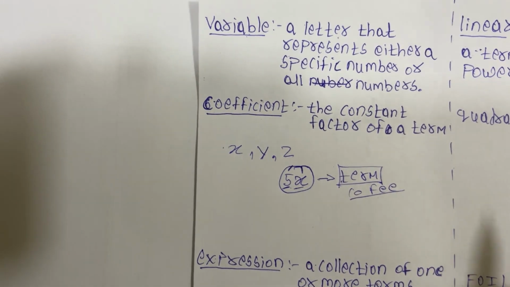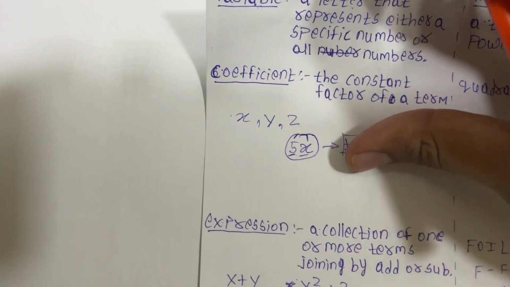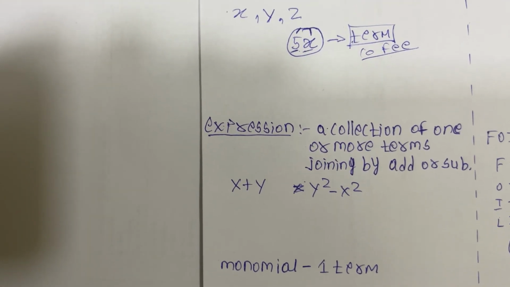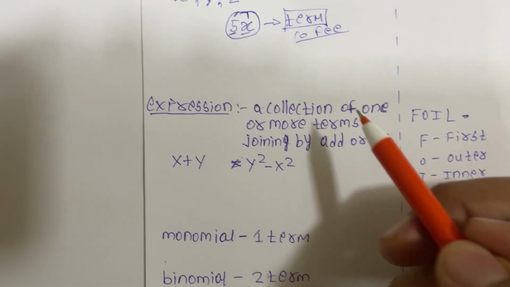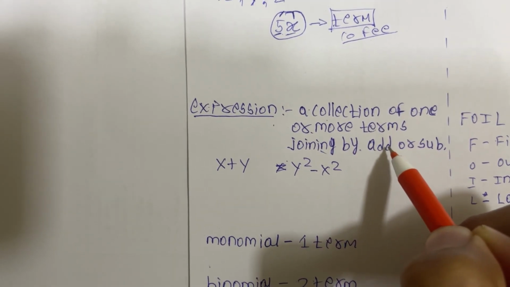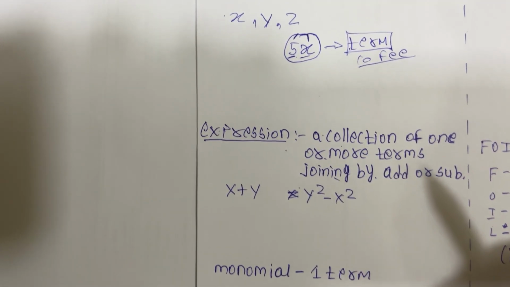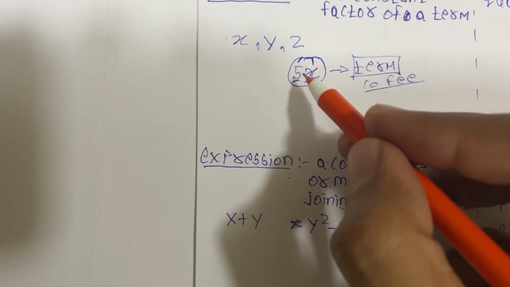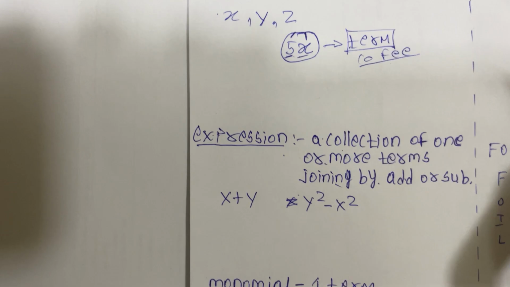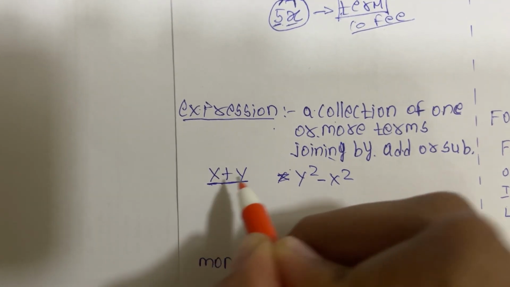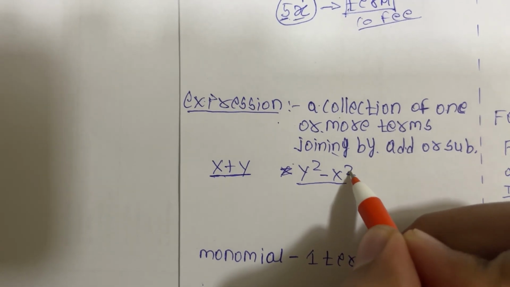Okay, then further we will go for expressions. So expressions are collections of one or more terms joined by addition or subtraction. And what are terms? A term is a combination of coefficient and variables. So expressions are x plus y, y square minus x square.